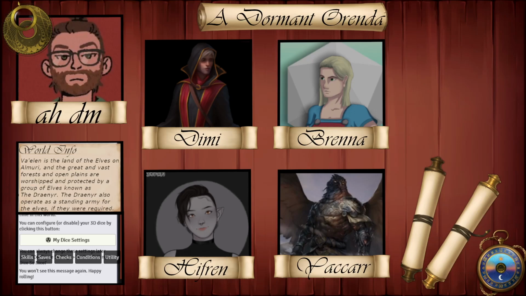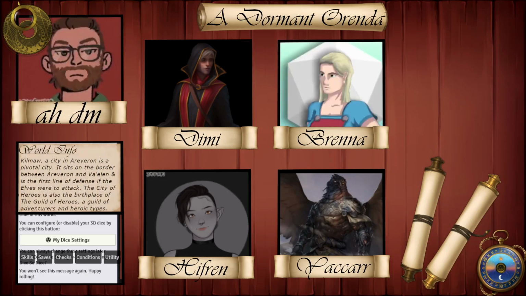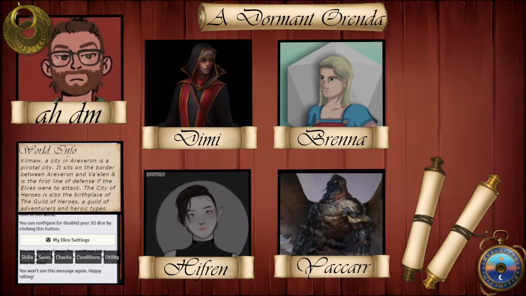The other thing that I wanted to mention, and it's not going to be too much of a thing for all of you, but I'll use Brenner as an example, because the reason I got it was because of Rage.